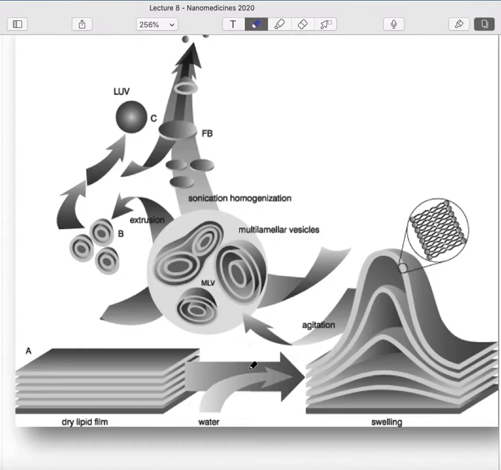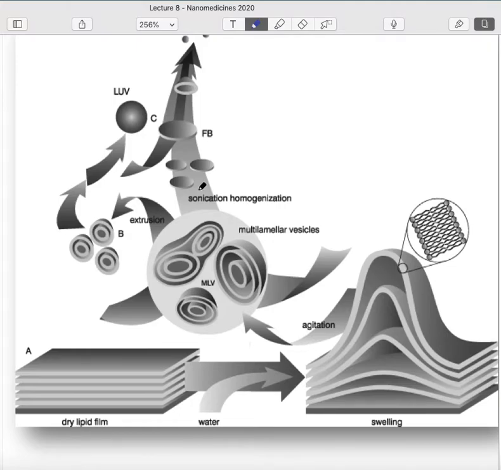You can think about it like from the polymer perspective, it would have been something like going through the glass transition temperature or through the melt temperature, where we have broken up the interaction that you initially had between the dry solid lipids, and now giving them more mobility for them to be able to assemble. They need to be flexible to be able to assemble into these kind of spherical structures.